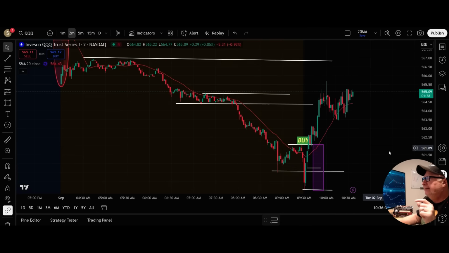And the other thing I did, I've also made a video about this a while ago, trading on pre-market versus regular market. So I knew since we had a gap lower in the pre-market that the 20 on the regular hours, we're still in pre-market hours here, this chart is still showing pre-market hours, but I knew that on the regular hours chart that the 20 is going to be falling and catching up to the market.